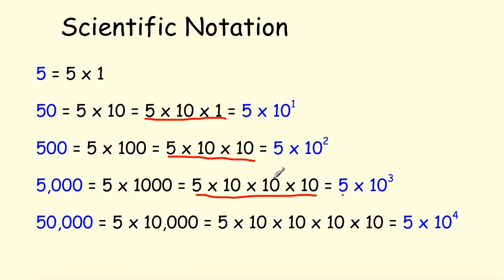And what is 10 times 10 times 10? Well, 10 to the third power. And finally, the last one right here, we can see 10 times 10 times 10 times 10 times 5 gives us 5 times 10 to the fourth. So scientific notation is simply pulling out the tens from the original number. These are the base numbers right here. With just a 5, you are able to have more than one number out front, but we won't cover that in this lesson.